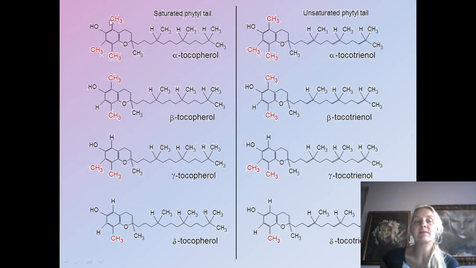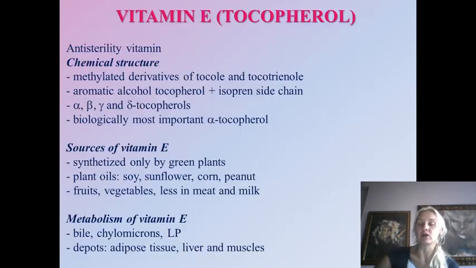So you see that we have an aromatic alcohol tocopherol, which is methylated at certain points, and again you have an isoprenoid chain, unsaturated or saturated phytyl chain, forming different types of tocopherol, but only this first type, alpha tocopherol, is biologically active, and we're focusing on its properties and biological function.